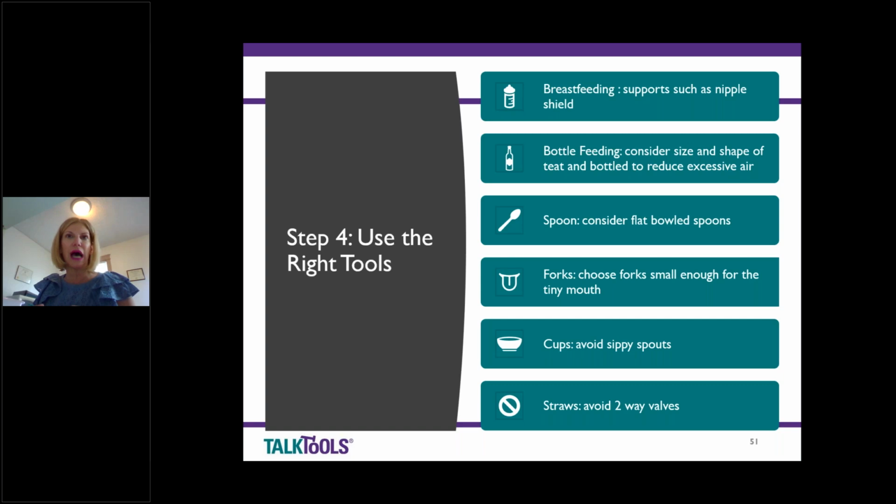I see this all the time. Lori calls it European fork feeding because over in Europe, they use cocktail forks to eat because that's more appropriate for getting the food in the mouth. So the big forks that we use here in the United States are probably not appropriate for anyone.